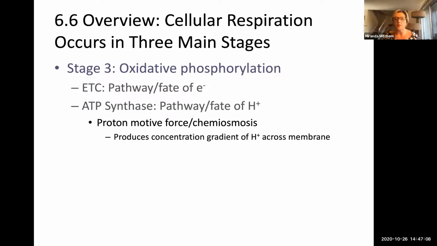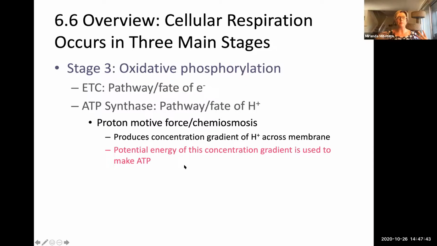Okay, so we end up with a concentration gradient of protons that is different across the membrane. I'll show you in a figure what I mean by this. But you know now that diffusion relies on a concentration gradient, and the feeding of protons into this molecule ATP synthase occurs because there is a proton gradient established.